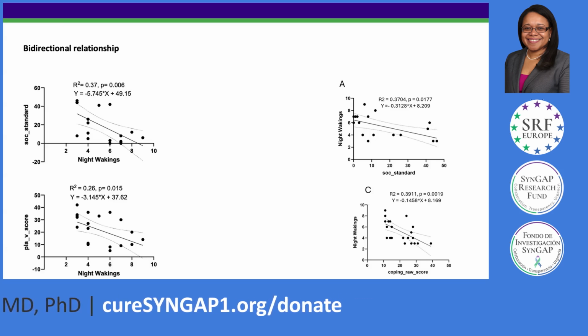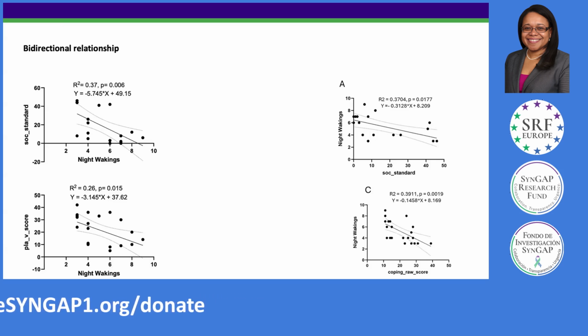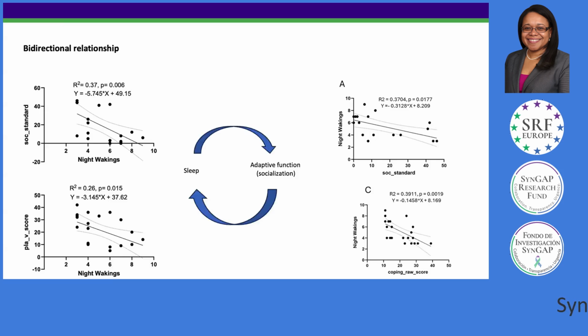So coping is a measure of one's tolerance for behavioral challenges, so stressful situations. So individuals who are better able to cope with challenging situations tend to have better sleep, so lower scores on nighttime awakening. So what I'm sharing here is that there is a bidirectional relationship between sleep and adaptive function as it relates to socialization in this cohort.